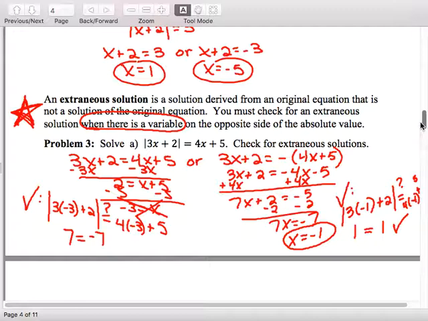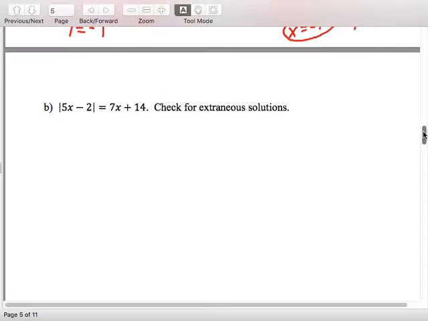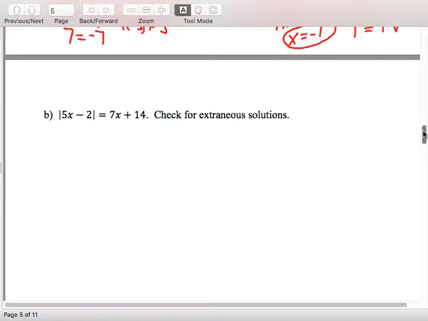All right, you guys try B on your own. Let's see how you do. And remember to check for extraneous solutions.